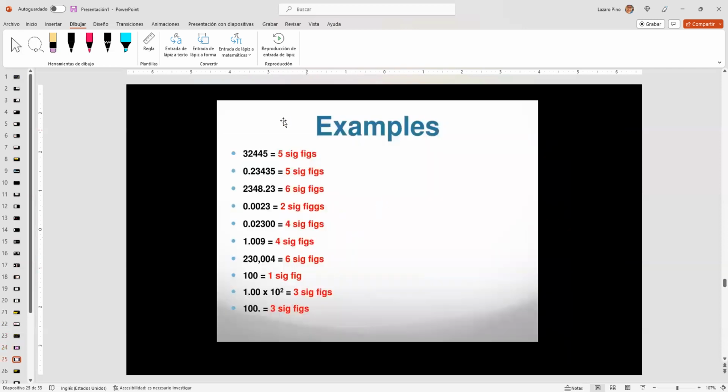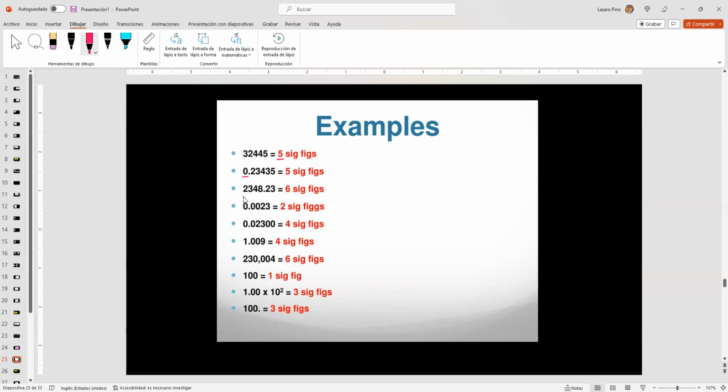Here you have another example that you can use to study. For example, this number has 5 digits and all of them are different from 0. So this number has 5 significant figures. This one has 1, 2, 3, 4, 5, 6 digits, but this 0 is to the left and is not considered a significant figure.